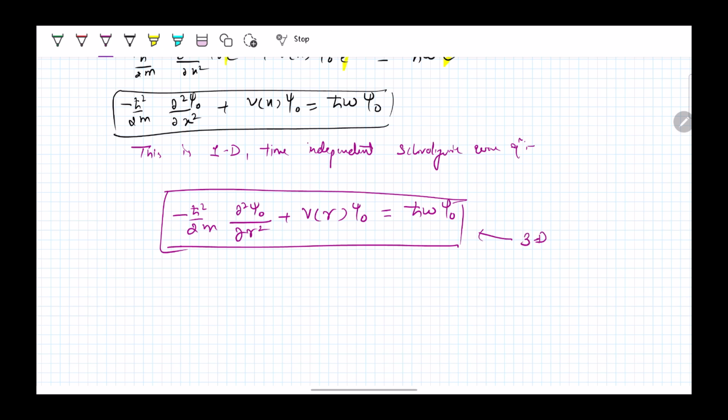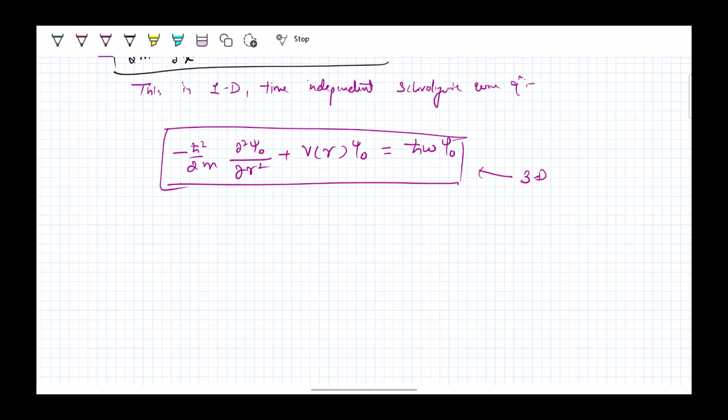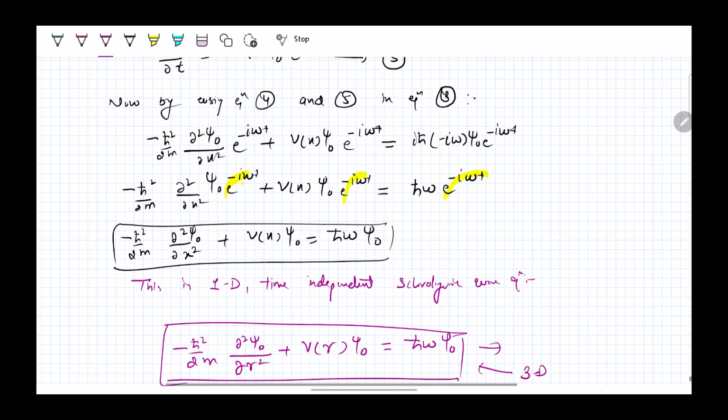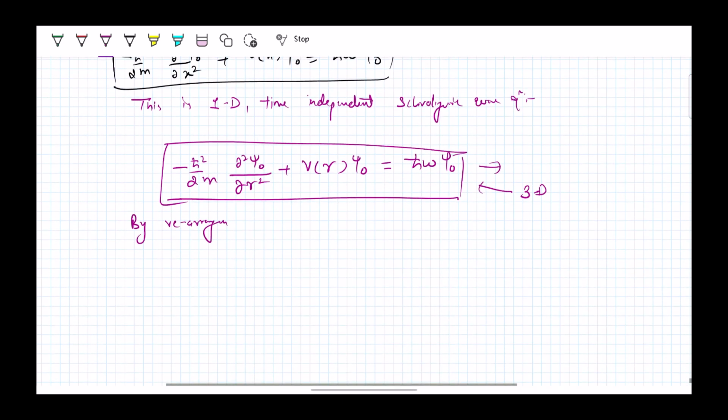Okay, so we can rearrange this equation. By rearranging the above equation, let's say this is my equation number 6.